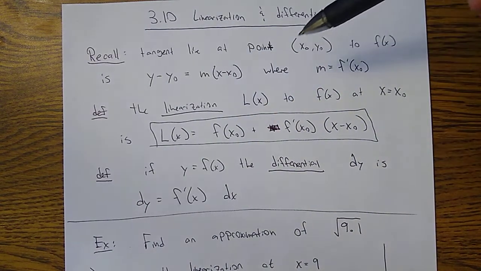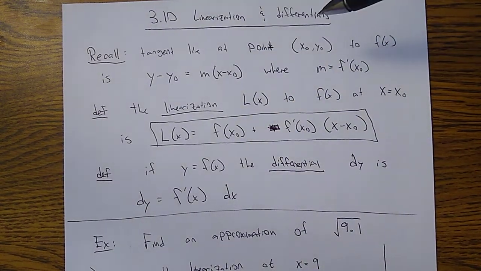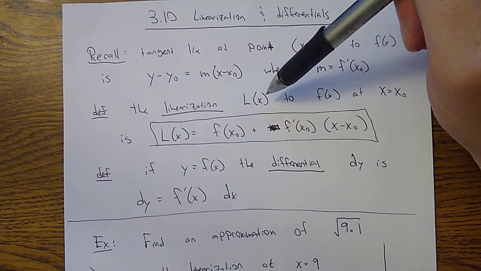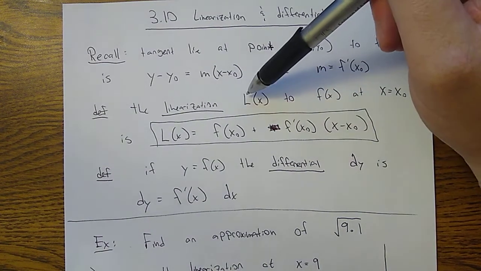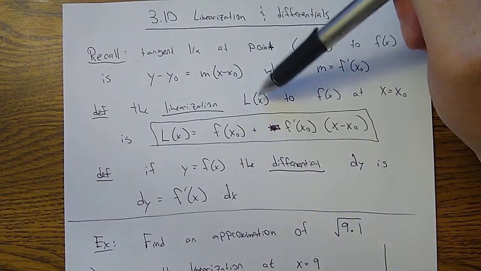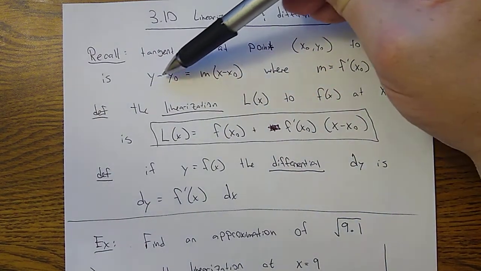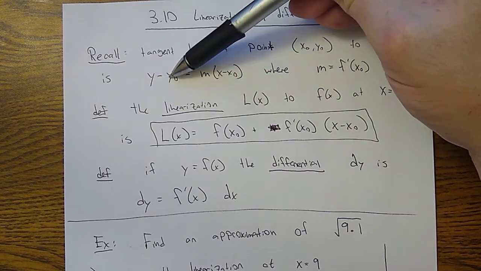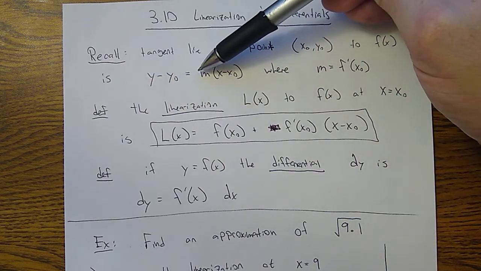So then what is the linearization? It's basically the exact same thing. Instead of writing y, we're going to write L of x, and I'm going to move y naught over.